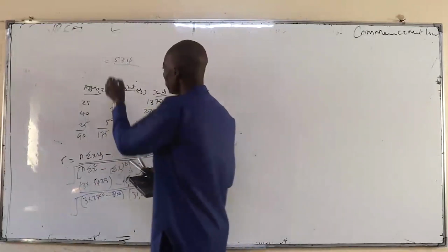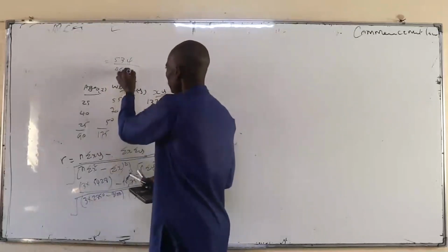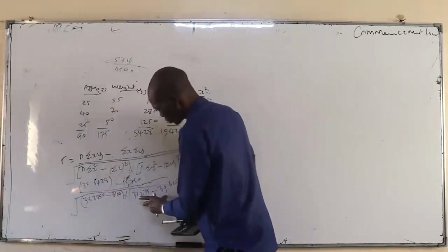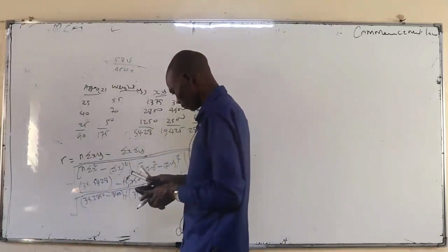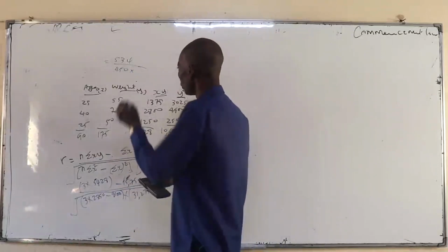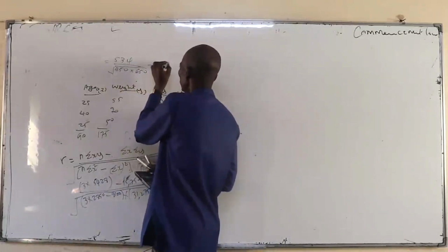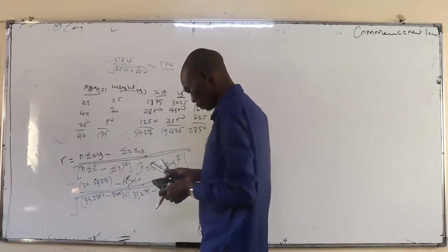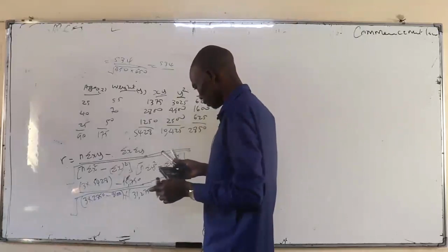So you get 450. 450 is the product of that, times, because this denotes multiplication. We work out this bracket, we also work out this bracket, and then we multiply. So that is 31,275 minus 30,625, which gives you 650. So you have times 650. So it will be 534 over the square root of 450 times 650.